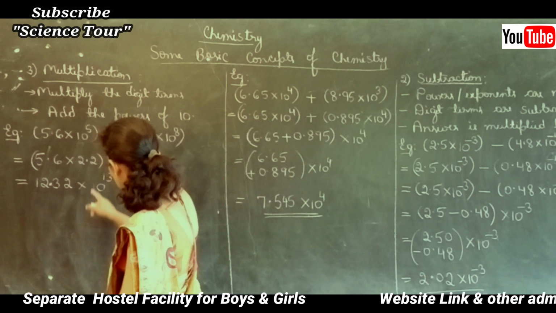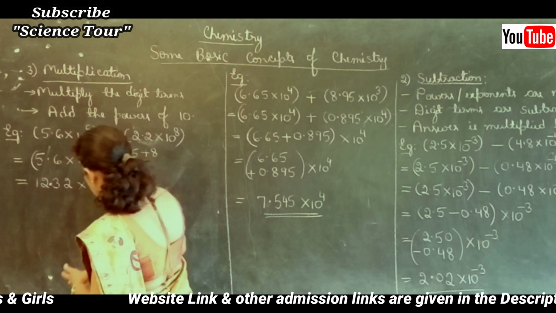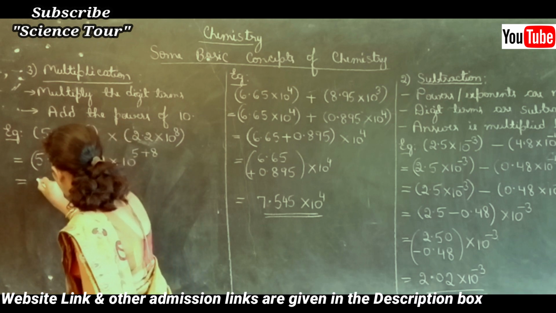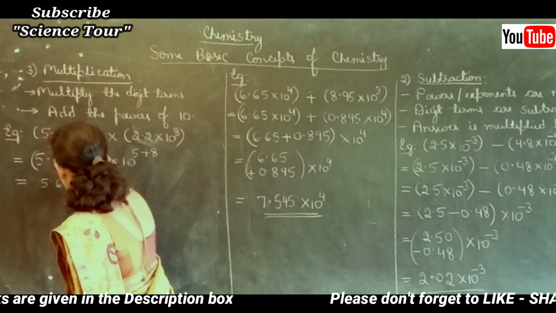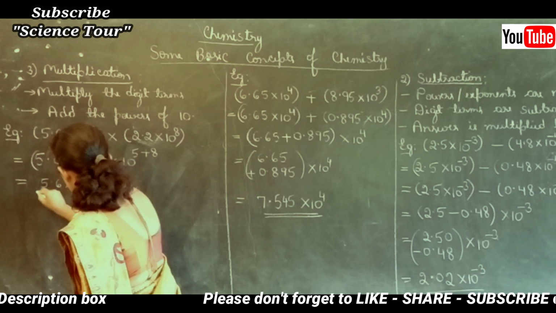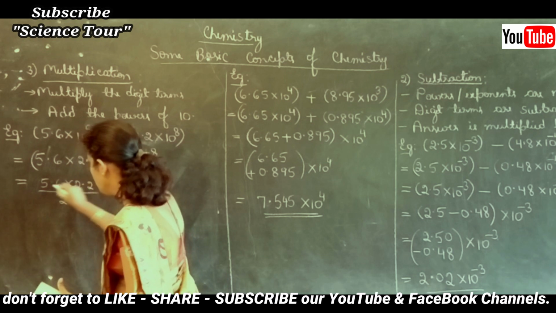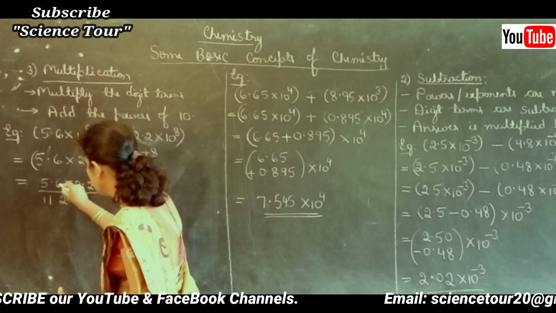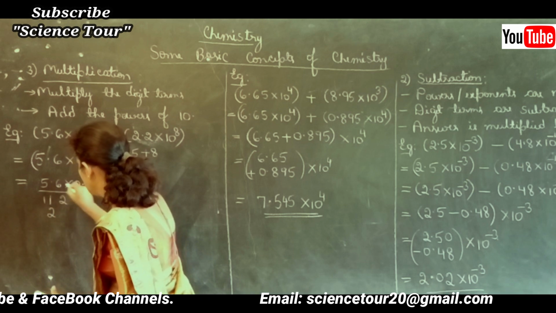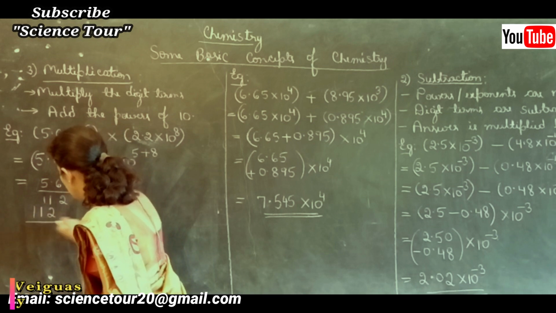If you want, you can check the answer. Let's do the multiplication. If you want, I'll go in detail. 5.6 into 2.2: 2 6s are 12, 1 remaining; 2 5s are 10, so 11. Similarly, 2 6s are 12, 2 5s are 10, 1 remaining is 11.